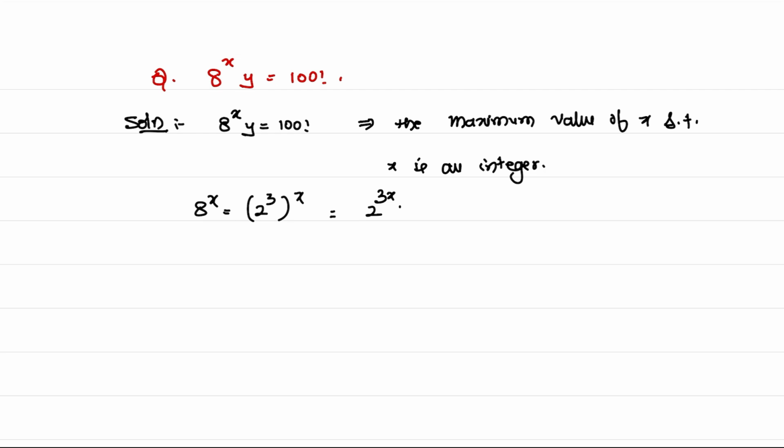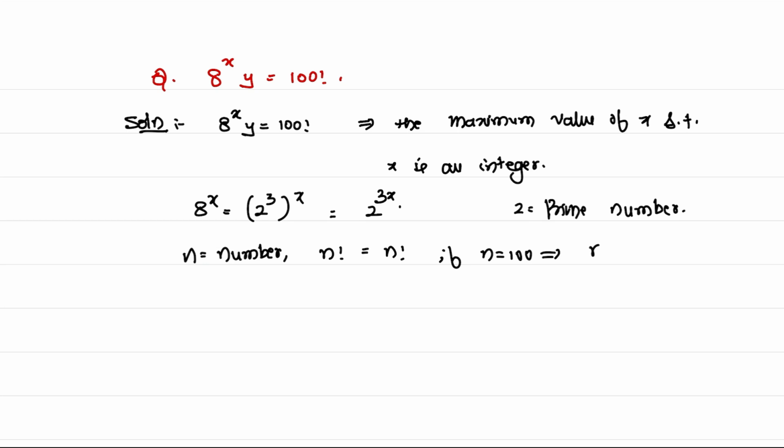That we will call it as some p or some other number, or we will keep it as 3x. Then 2 is a prime number. This is in the form of factorial n, where n is any number. If n is equal to 100, that implies factorial n is equal to factorial 100.